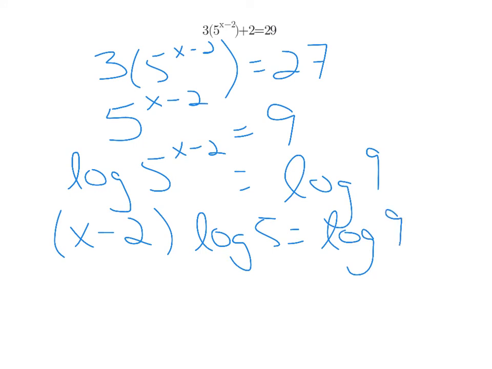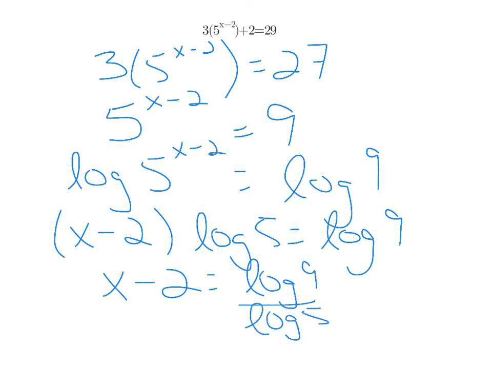To isolate the x, I'm going to first divide both sides of the equation by log of 5 and get x minus 2 equals log of 9 divided by log of 5. And then to finish isolating the x, I would add 2 to both sides of the equation and get that x is equal to log of 9 divided by log of 5 plus 2.